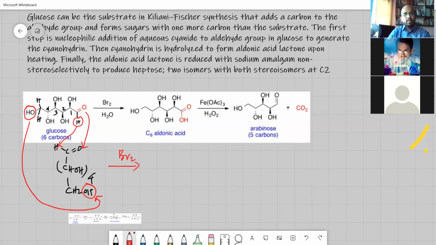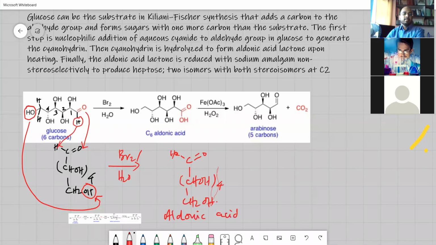On bromine water addition, it gets oxidized to give this: CHOH 4 times, CH2OH, with a COOH group. This is known as aldonic acid. Why? You have the aldehyde here that is converted into carboxylic acid.